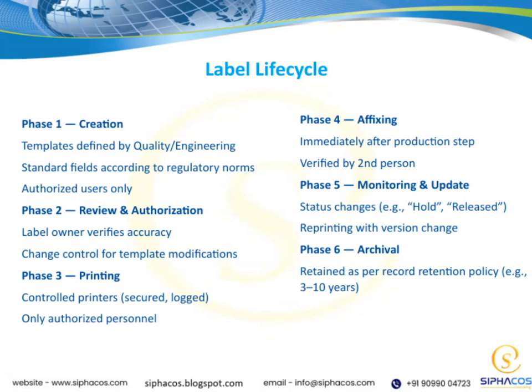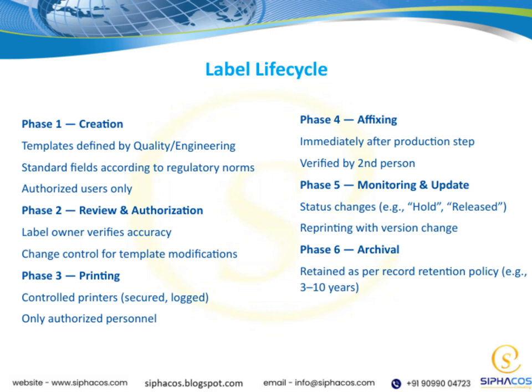Let's take a closer look at the 5 phases involved in our label management process. In Phase 1, creation, templates are carefully defined by the quality and engineering teams to ensure consistency and compliance. These templates include standard fields that align with regulatory norms, which is crucial for maintaining quality standards.